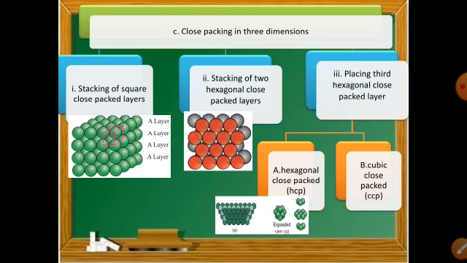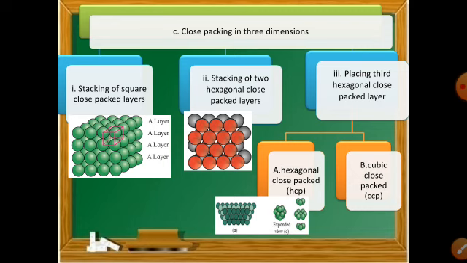Let's see the expanded form here. The middle layer has 7 spheres, in which one sphere is in contact with 6 spheres in its own plane, and 3 above and 3 below, so that is 6 plus 3 plus 3, equal to 12. So the coordination number of the central particle is 12 in the case of HCP.